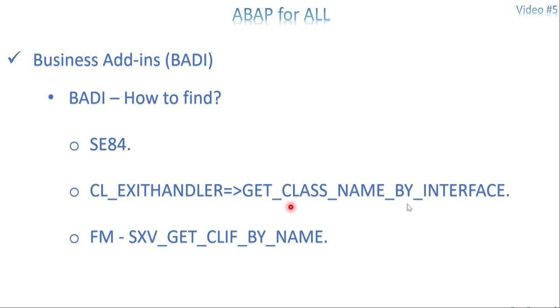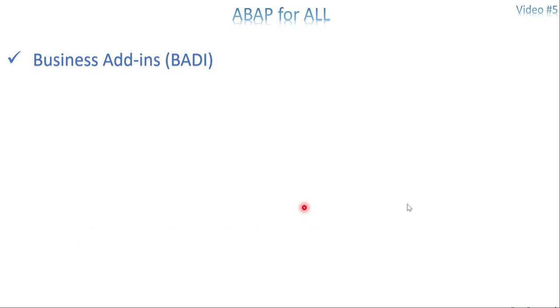That is also a place where you are able to find the list of BAdIs for the particular transaction. Okay, and an additional point, this CL handler mostly is going to be get classical BAdIs details. So we'll see it in detail when we come to the classical and kernel BAdIs.